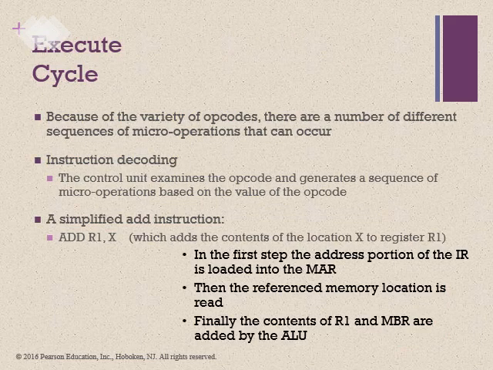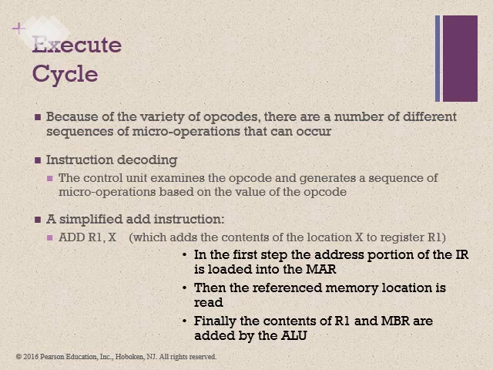In chapter 14, we learned that fetch, indirect, and interrupt cycles are kind of simple and predictable. Each subcycle involves a small fixed sequence of micro operations.